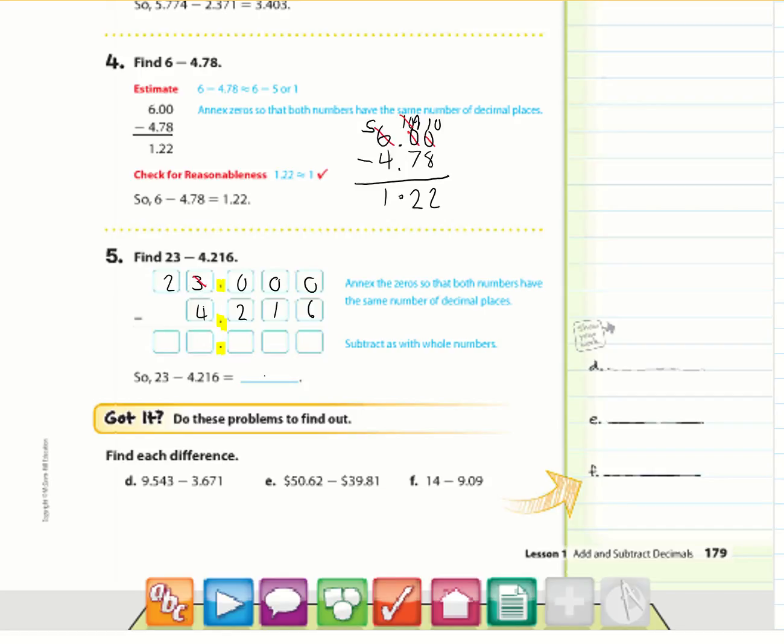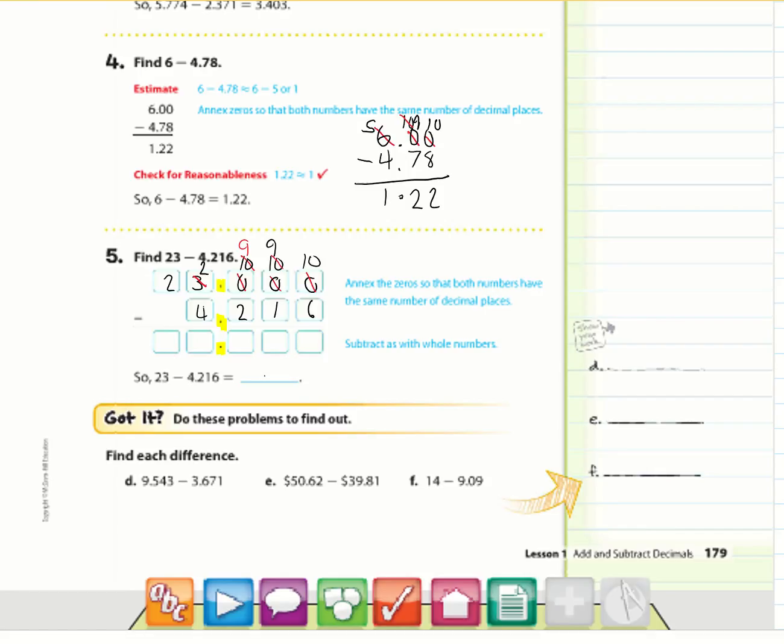So we're going to go all the way to this 3 and borrow from the 3. 3 becomes a 2. 0 becomes a 10. And we're going to borrow from the 10, so the 10 becomes a 9. 0 becomes a 10. Now, with our 0, we can borrow from the 10. The 10 is going to become a 9. And finally, our 0 becomes a 10.